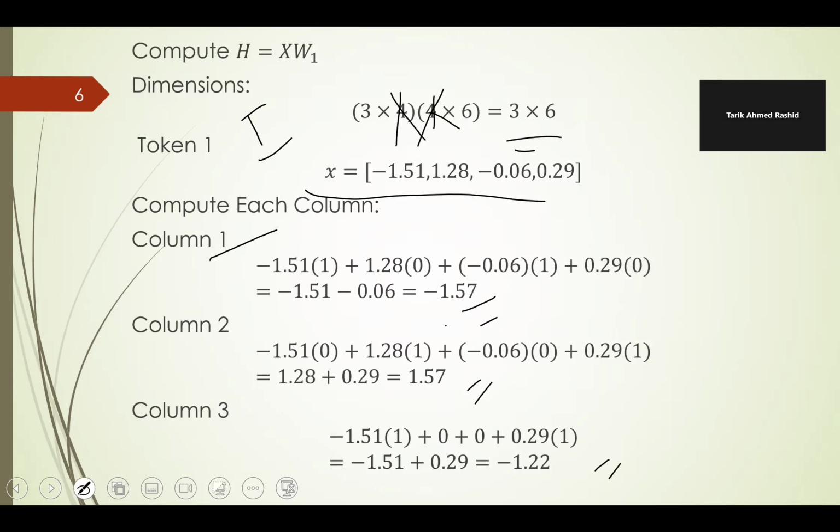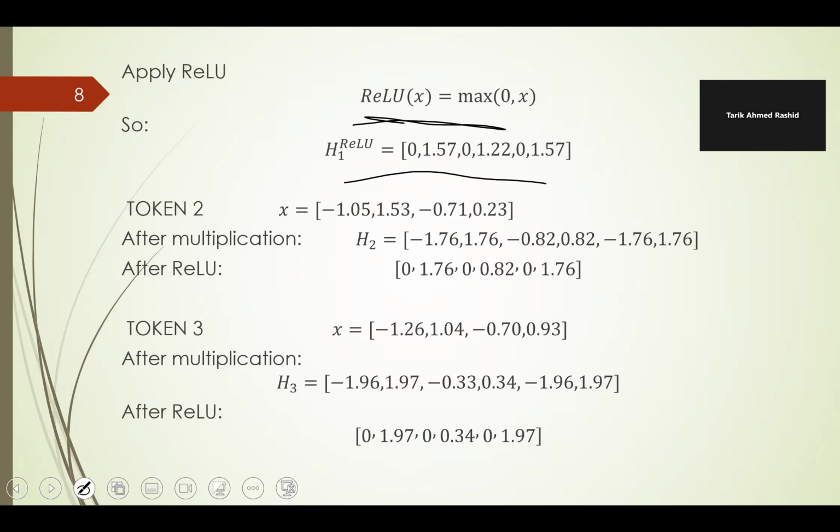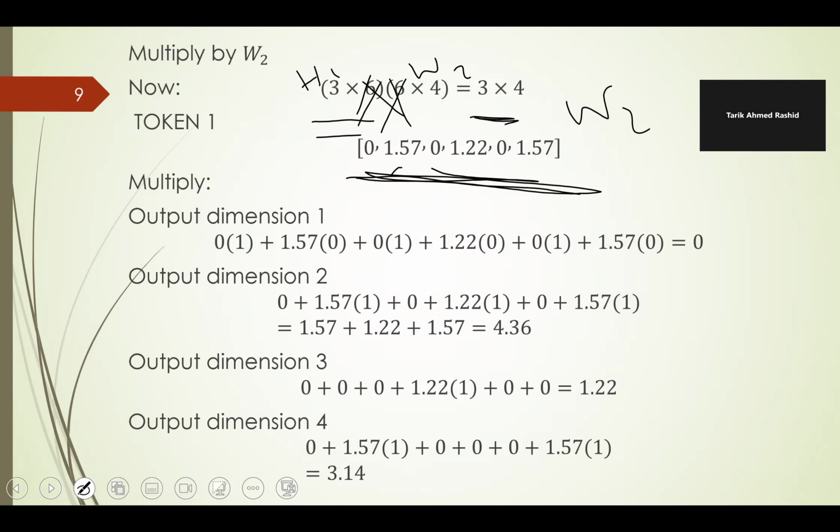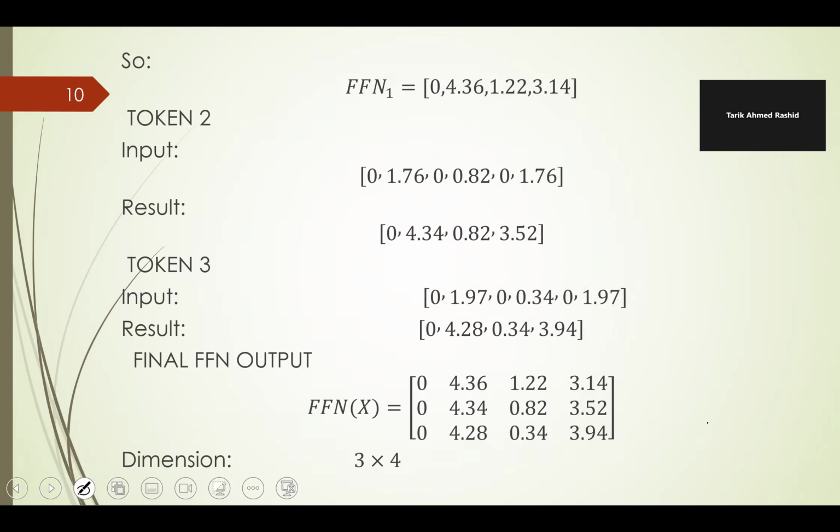So that's how we get for column 1, and for dimension 2, dimension 3, and 4. That's how we get it. That's for the first token, and we do the same thing for the second token.